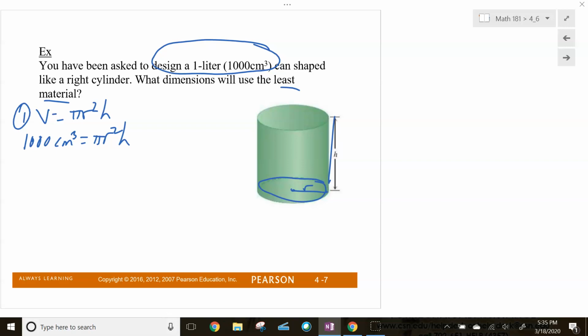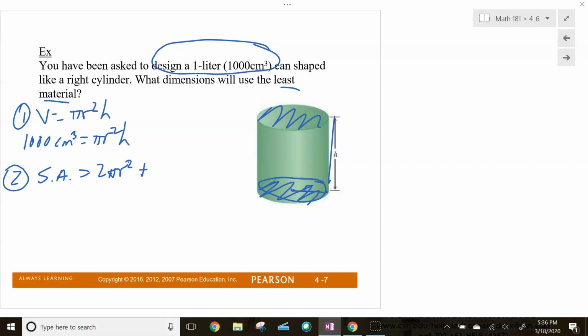And then what we're trying to do, number two, is use the least amount of material. So geometrically speaking, what we're talking about is the surface area. The surface area for a cylinder would be 2 pi r squared, because you've got a pi r squared on the bottom and a pi r squared on the top, so there's 2 of those.